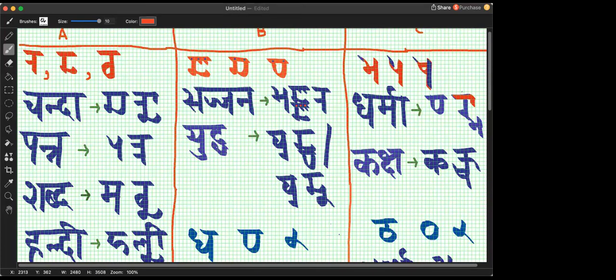Nehaji, in category C, for Kaksh we have written first a full K, then a conjunct K, and then Sh. So why can't we write the conjunct K and then Sh? Why do we need to write the full main K as well for Kaksh? See, if you're writing a conjunct for ka, the top ka will always remain in this shape.